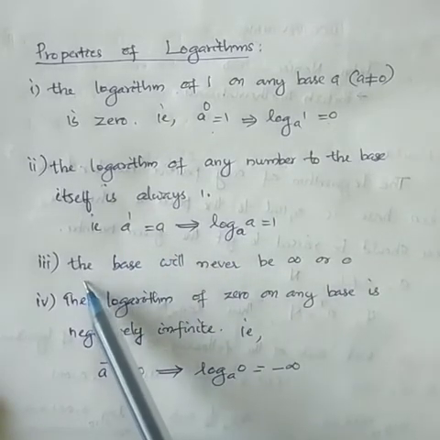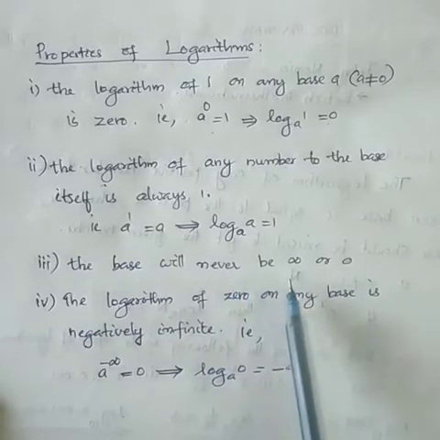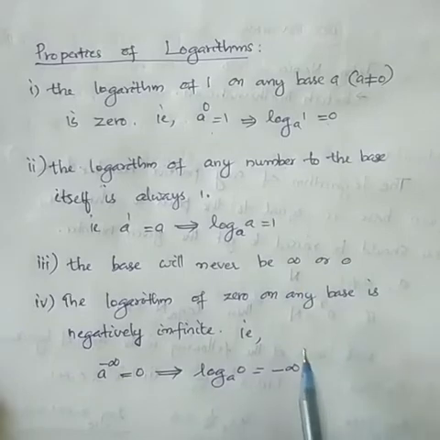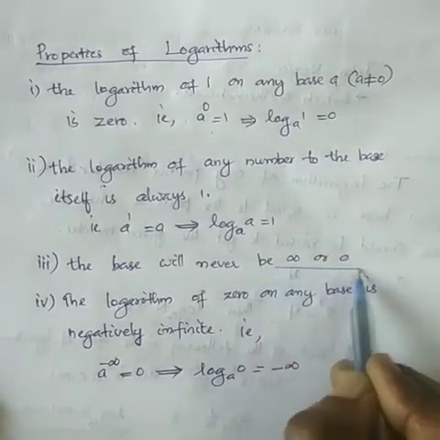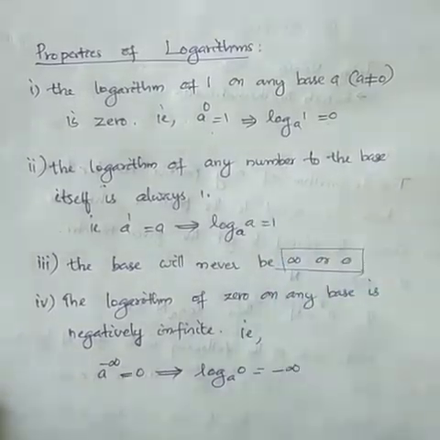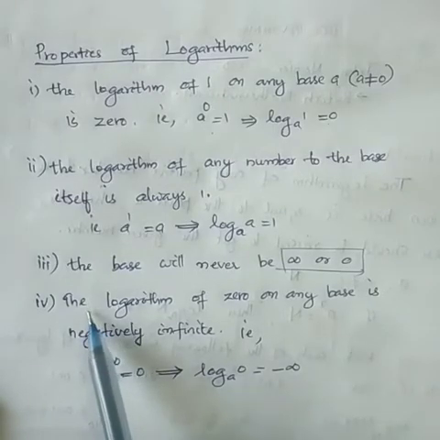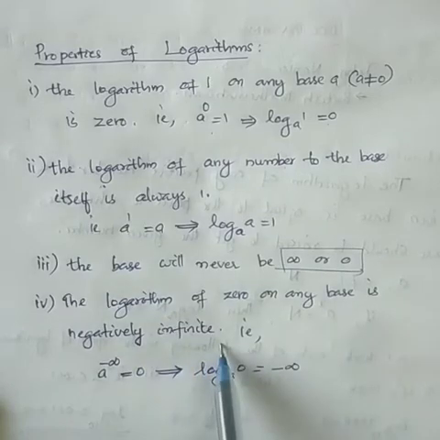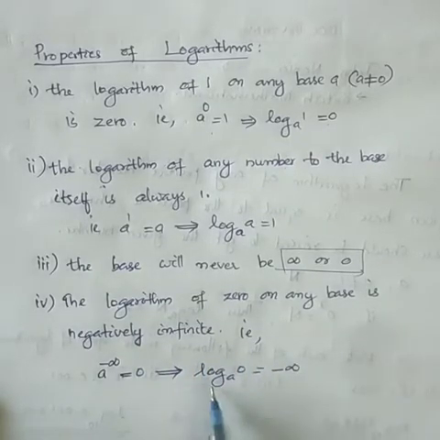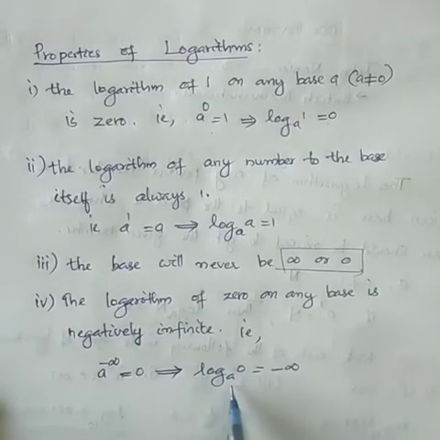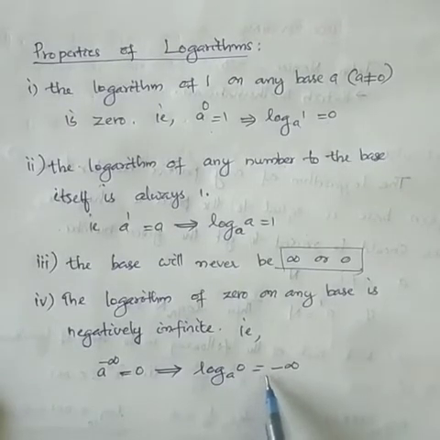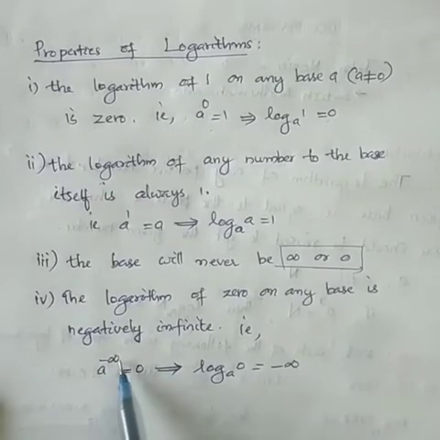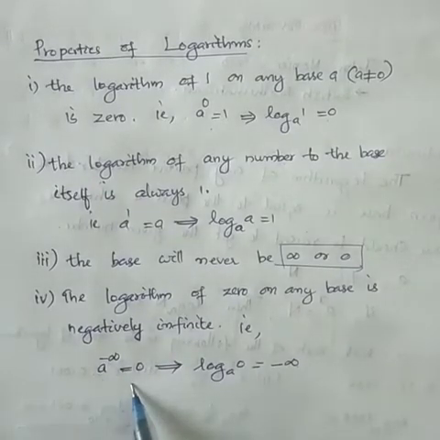Third property, the base will never be infinity or 0. And the fourth property is, the logarithm of 0 on any base is negative infinity. That is, log 0 to the base a equals minus infinity, or this can be written as a raised to minus infinity equals 0.